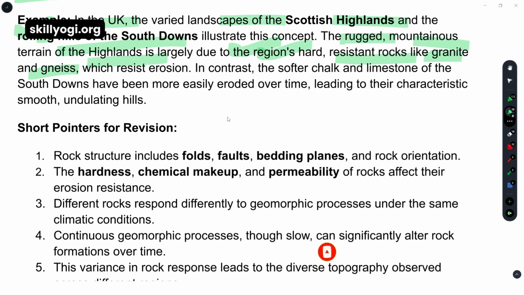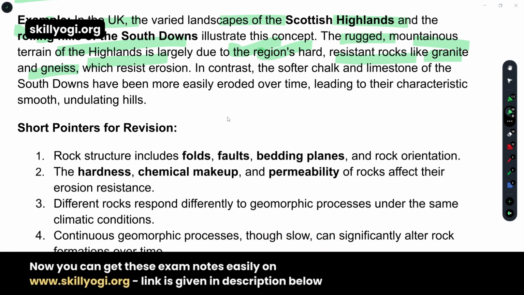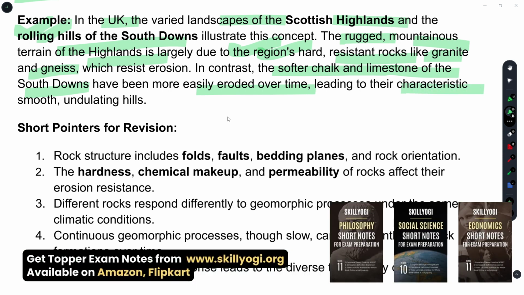So it can resist erosion and keep a rugged mountain topography. In contrast, the softer chalk and limestone in South Downs have been more easily eroded over time. Chalk and limestone are soft rock materials, so they are easily eroded, which leads to the characteristic smooth and undulating hills.